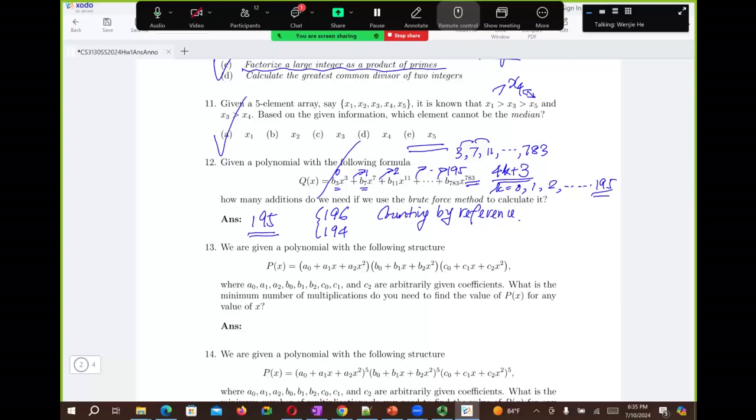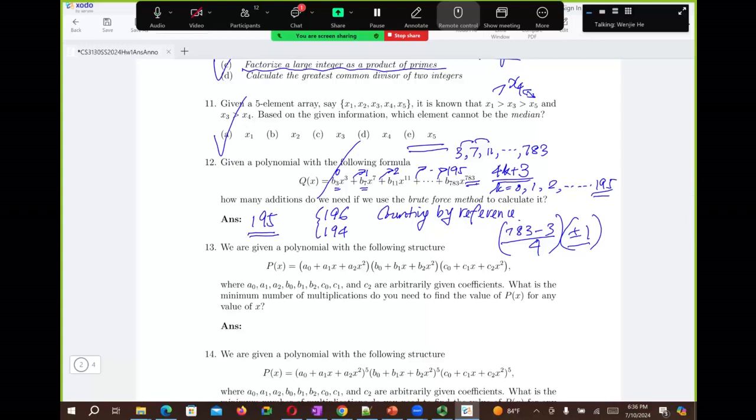But some students just wrote a formula, like 783 minus 3 divided by 4. I think you go in the right direction, but those students get lost. They do not know whether they need to plus 1 or minus 1.